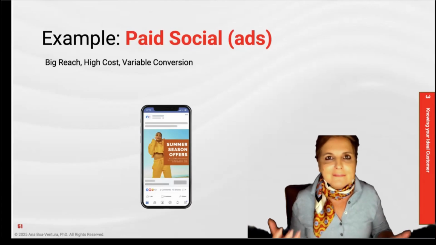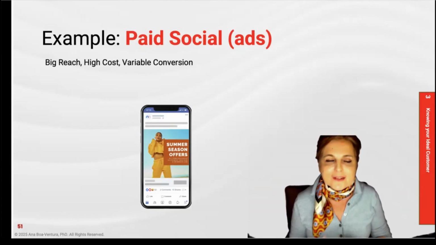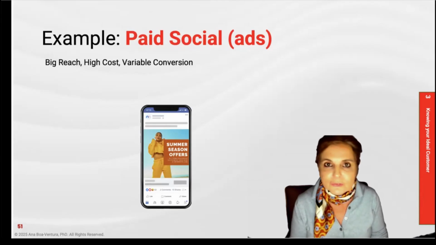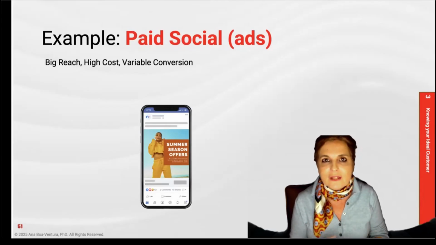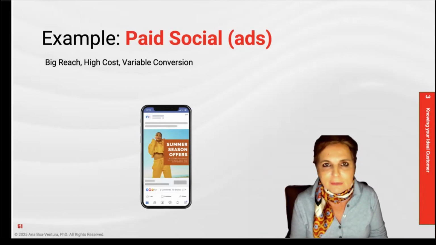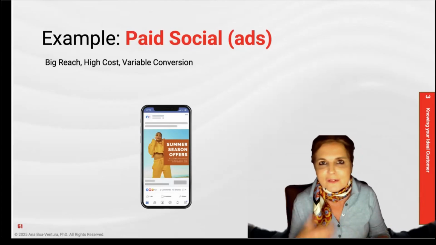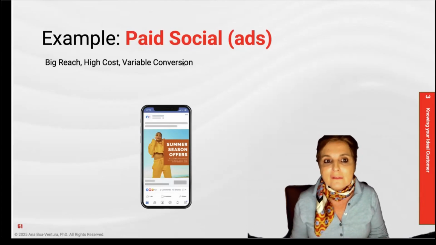And why? Well, there's a lot of reasons that include the creative, the actual ad, how it was designed, and the connection to the landing page where people can register, how easy it is to register, etc. There's a lot of variables. So there's a variable conversion, but there's a big reach, cost is high.